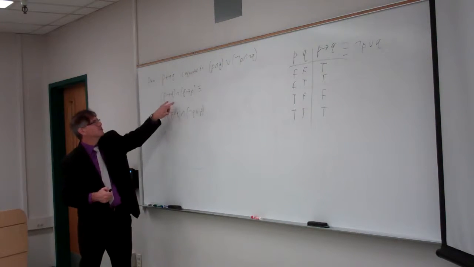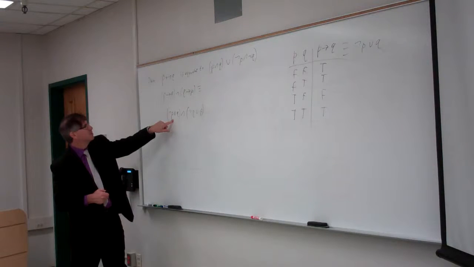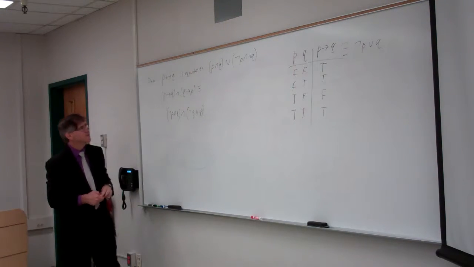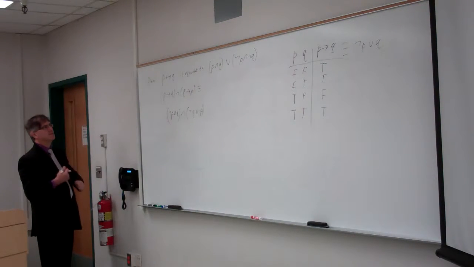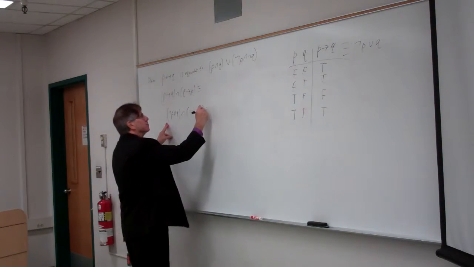So I've broken the biconditional into two if-thens. And then substitute it in, so this is if P then Q, this is if Q then P. And now you just do some algebra. You can distribute this over these two terms.